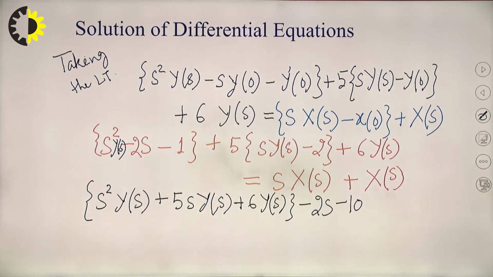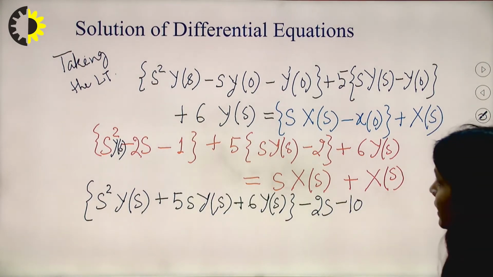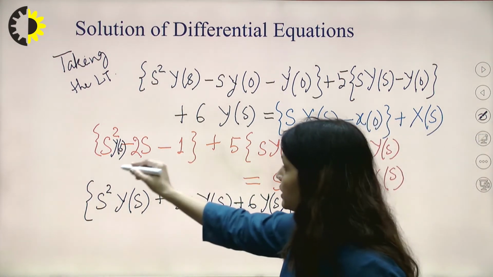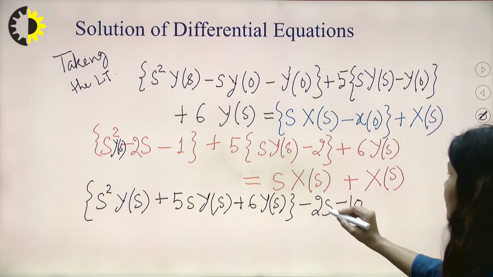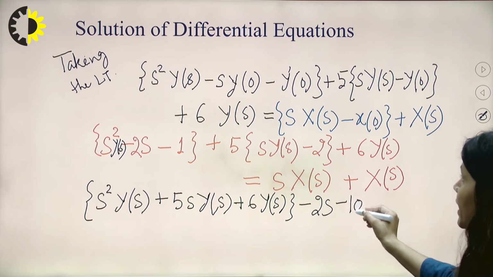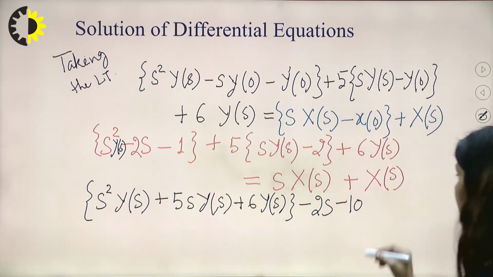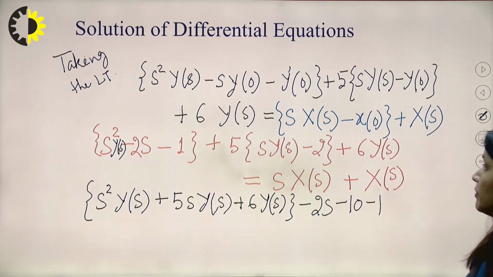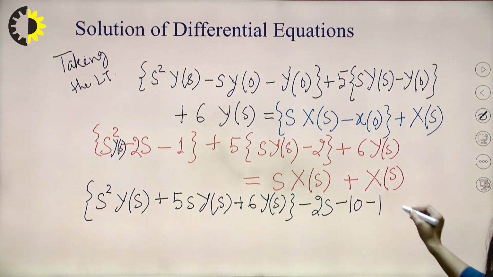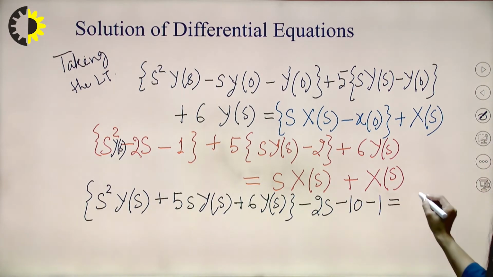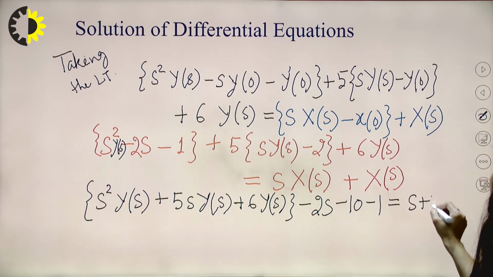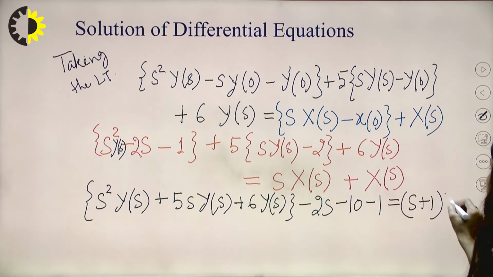So minus 2s, and one more coefficient, that is minus 1. We can separate like this, and this equation will be equal to s plus 1 into X(s).